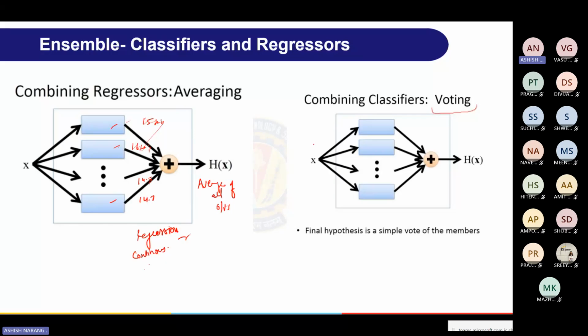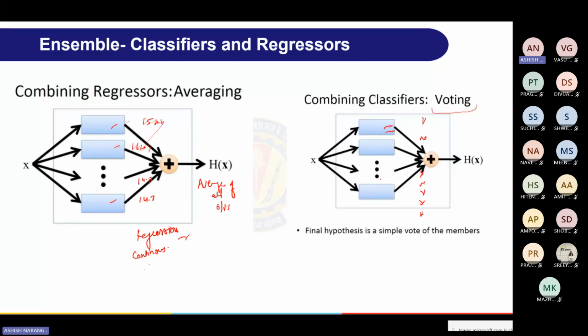But when I'm doing classification, it is giving me one category. Let's say the class is yes or no. This is giving me yes. This is giving me no. The next classifier is giving me yes, then no, then yes, then yes. Now there's no average that I can take, of course. But I can definitely take the vote of each classifier.